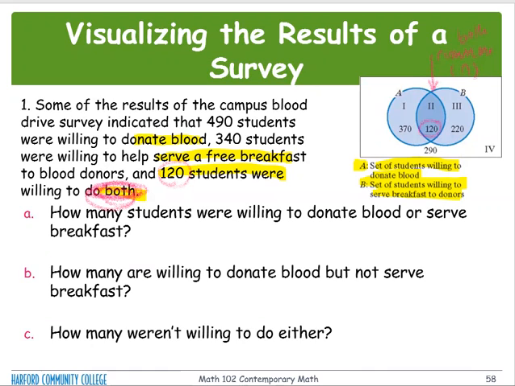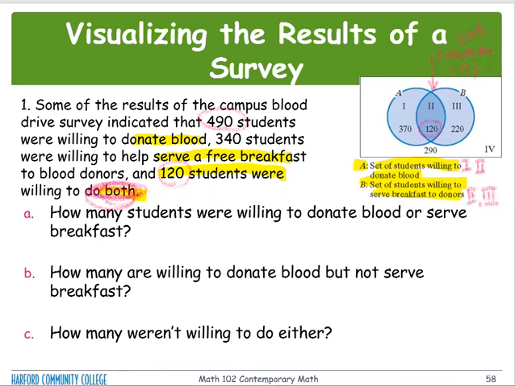As A represents the set of students willing to donate blood, the total number of students who donate blood is 490. Set A covers region 1 and region 2. Set B covers region 2 and region 3.